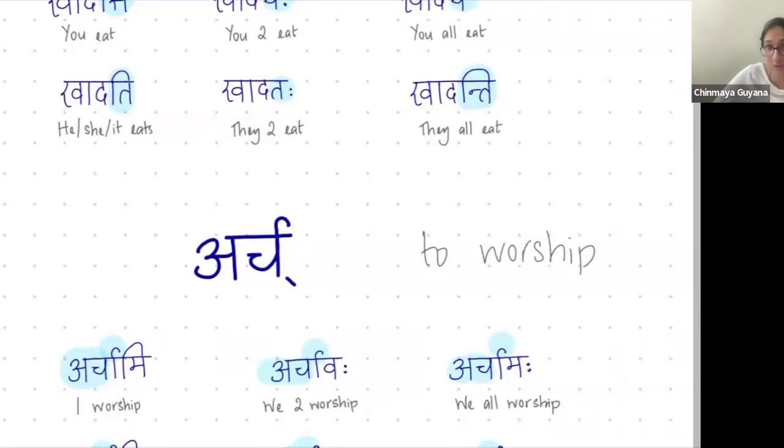It doesn't matter which one you choose. It doesn't matter if you do it or don't do it, it's for your own personal notes, but it will help you to see which one you prefer. And as you highlight, you'll be able to distinguish very fast what the endings are. Okay, that's just a life hack that I picked up in my Sanskrit journey that I'm sharing with you. That works for me. Maybe it wouldn't work for you.